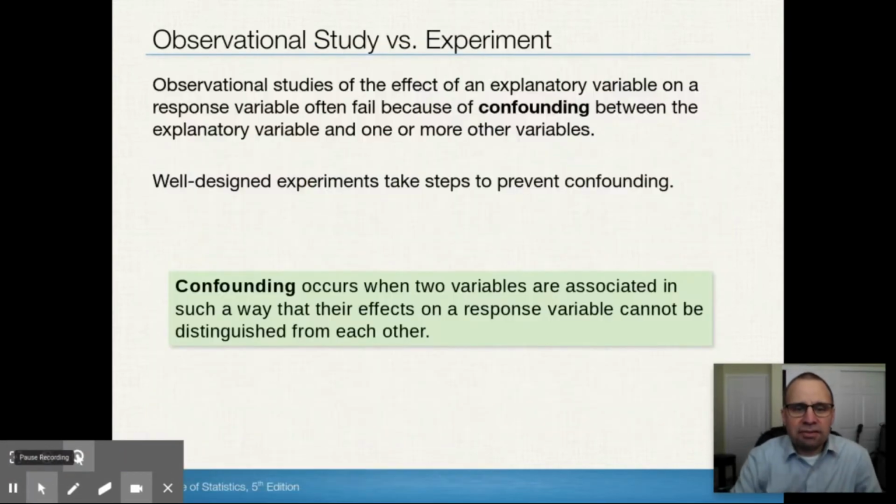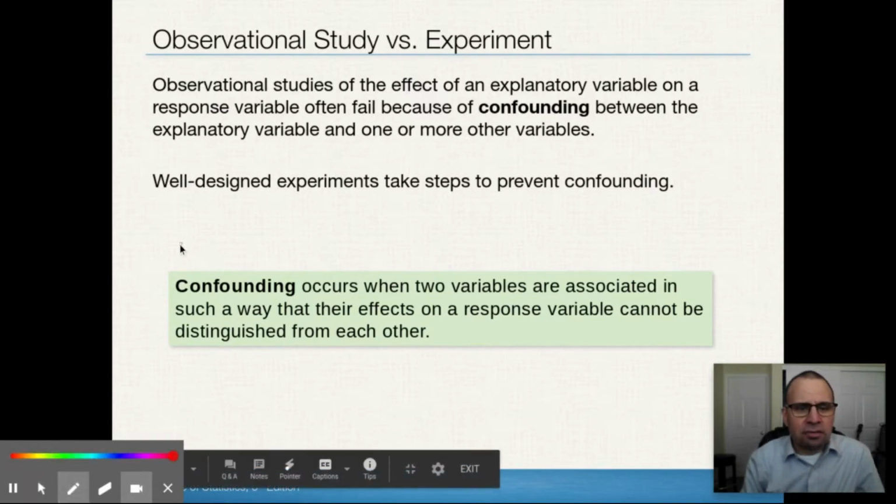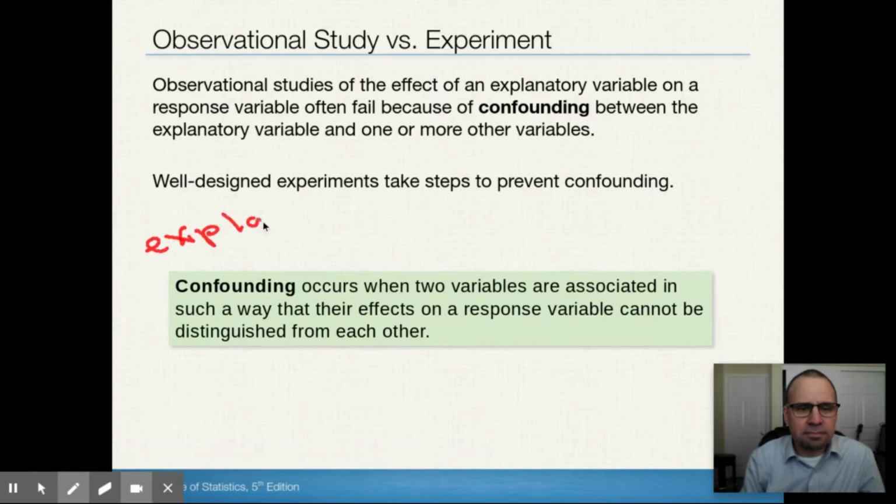That leads us to this definition of confounding. Confounding occurs when two variables are associated in such a way that their effects on a response variable cannot be distinguished from each other. So, a couple vocabulary words I really want you to get down. One is called the explanatory variable, and the other one is called the response variable.